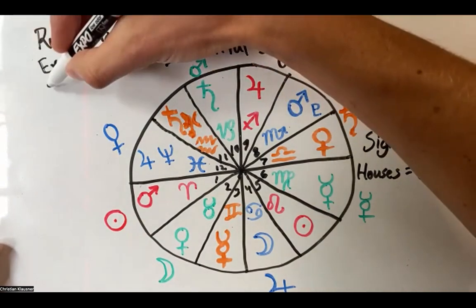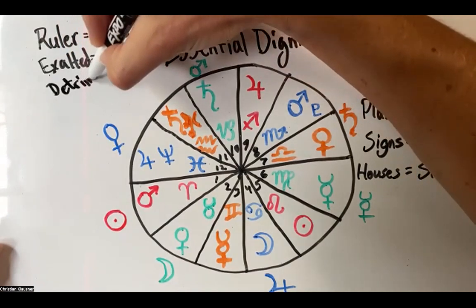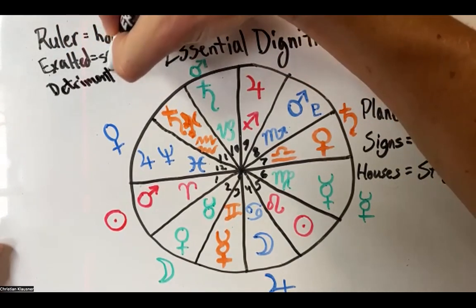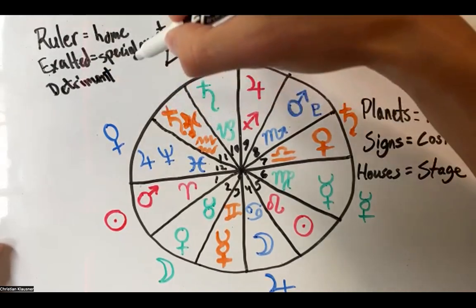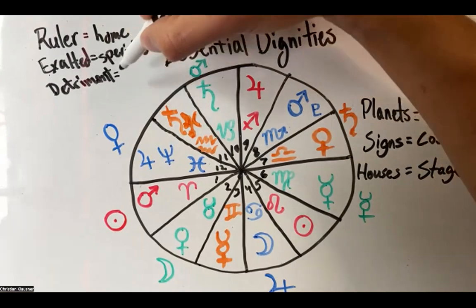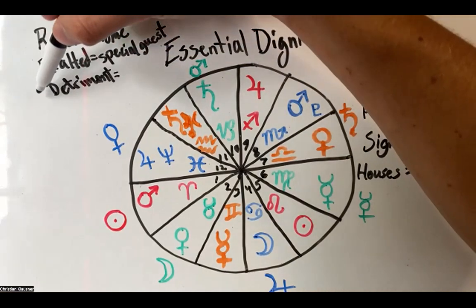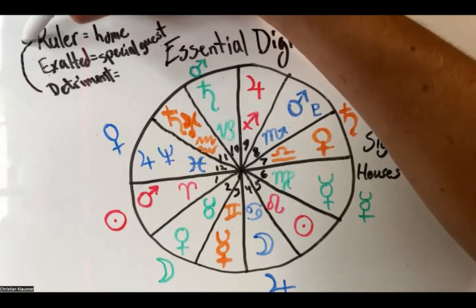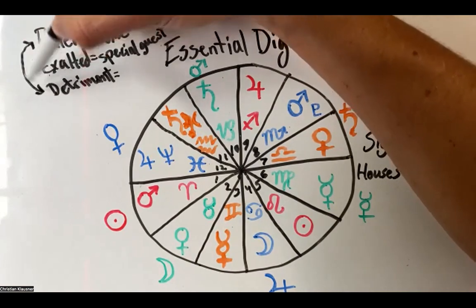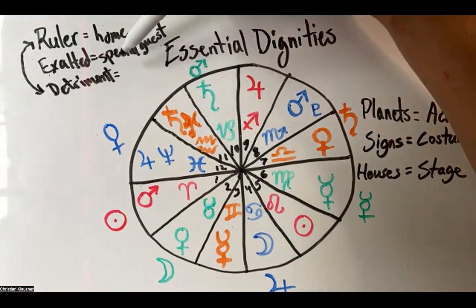Next, we have detriment. As you might guess from the word, it means the planet is not going to enjoy being there. So we could think of this as basically opposite the ruler. This corresponds to being the opposite of the ruler. And you're going to see this. I'm going to show you this.